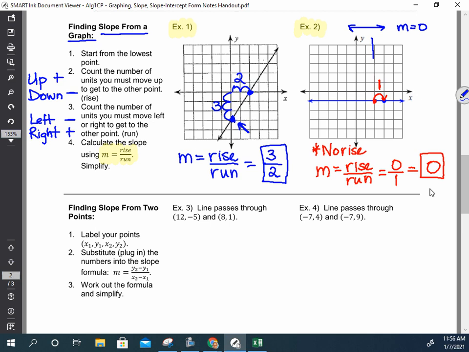But if it's up or down, that means the slope is undefined. Excellent question. So if it's left to right, that slope is 0. If it's up and down, then it's undefined. I like her question. Any questions before we continue?